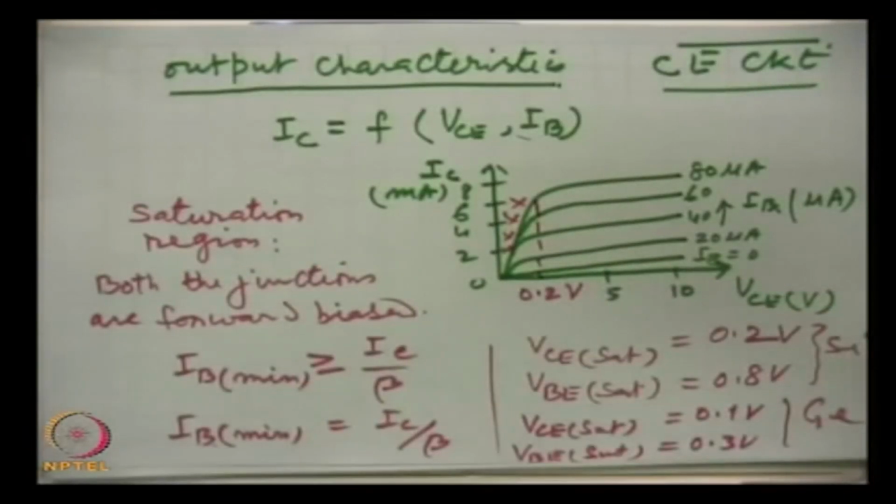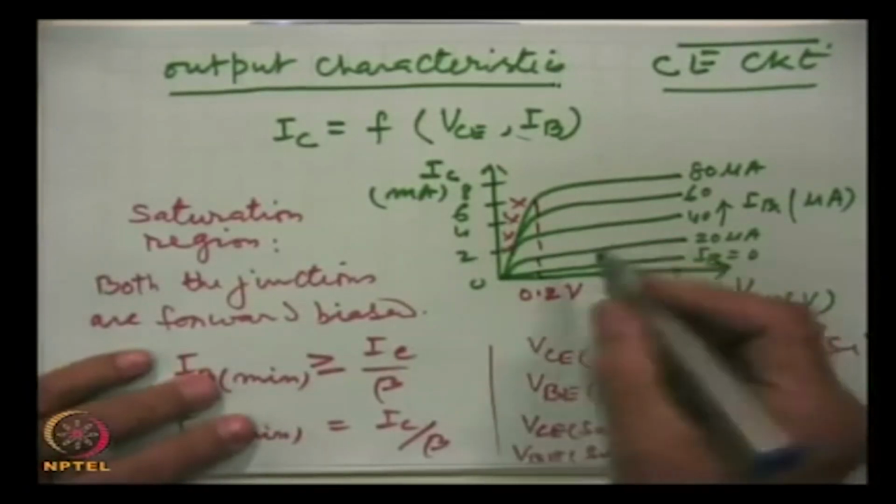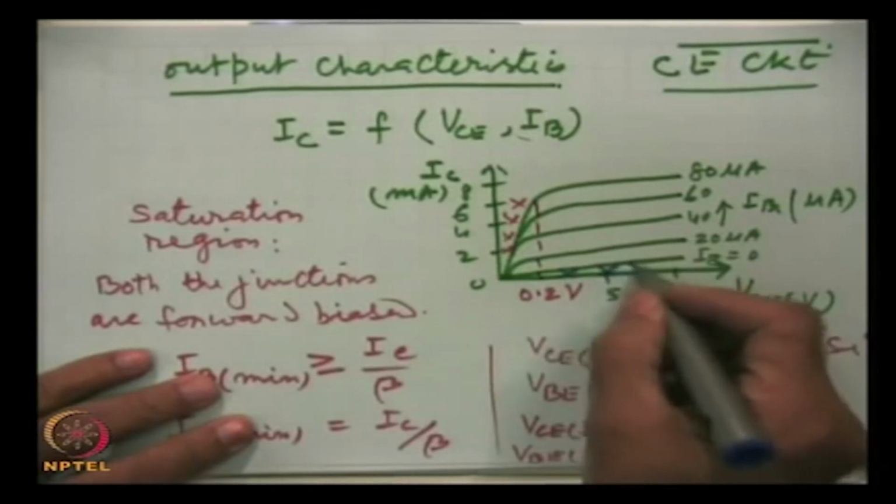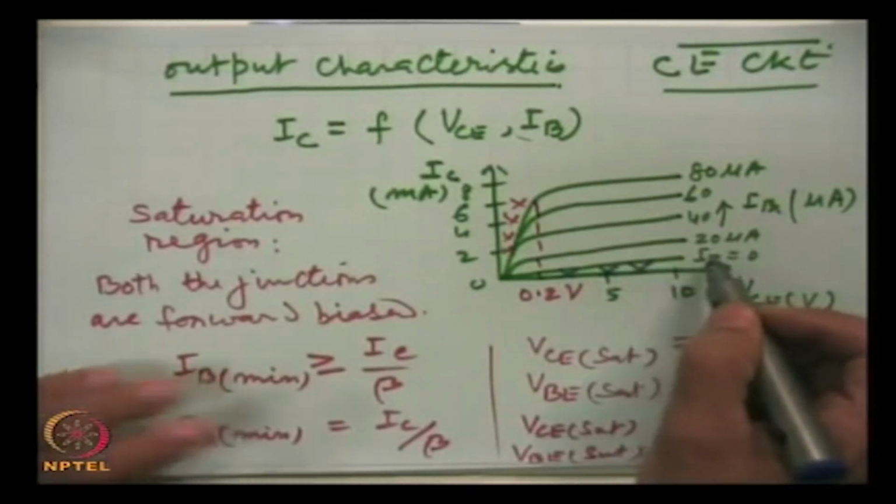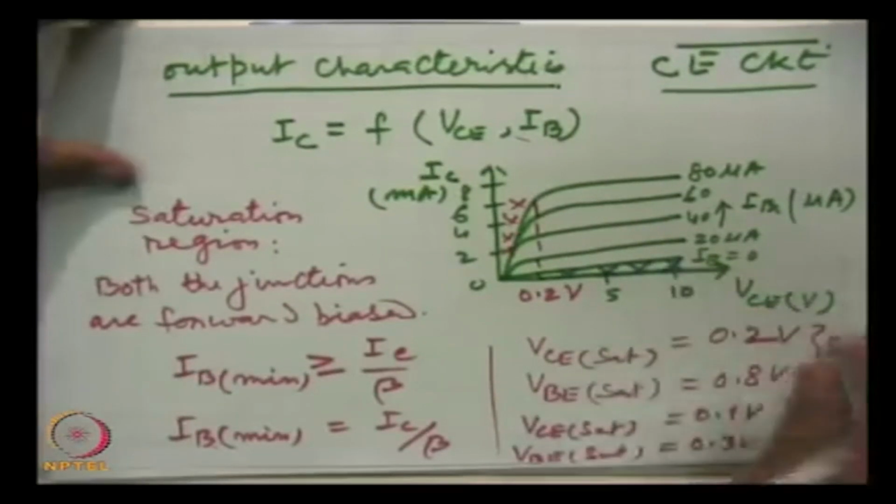Now, we continue with this region. This region is called the cutoff region. This is the region below IB equal to 0. This is called the cutoff region.